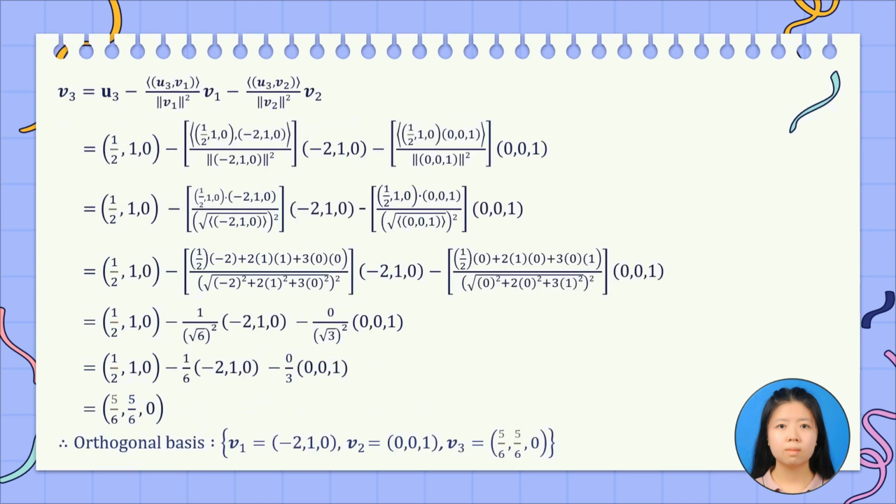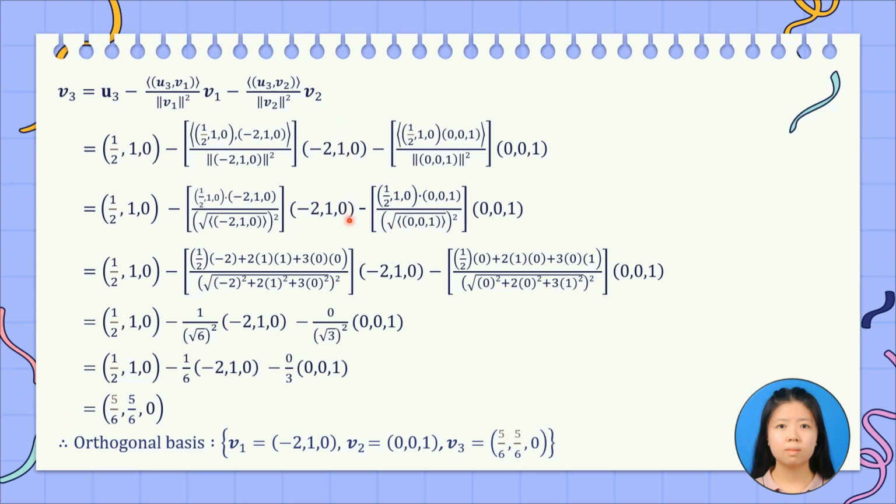Next, we find V3, also by using the Gram-Schmidt formula, which is U3 minus the inner product of U3 and V1 divided by the norm of V1 squared, multiplied with V1, minus the inner product of U3 and V2 divided by the norm of V2 squared, multiplied with V2.